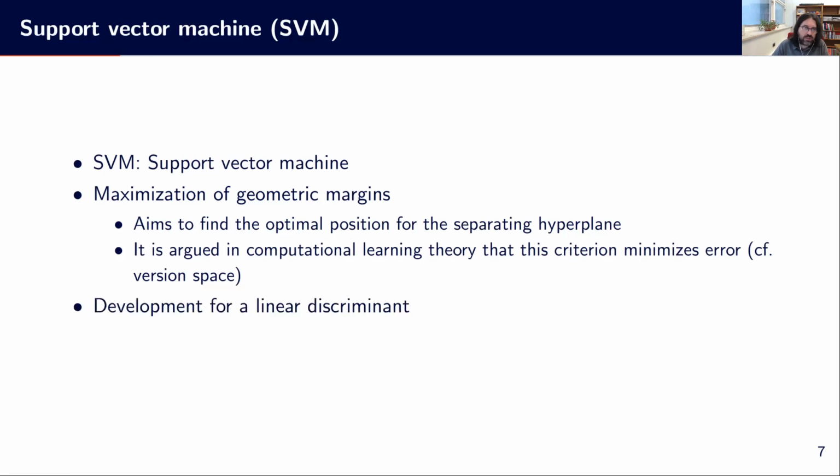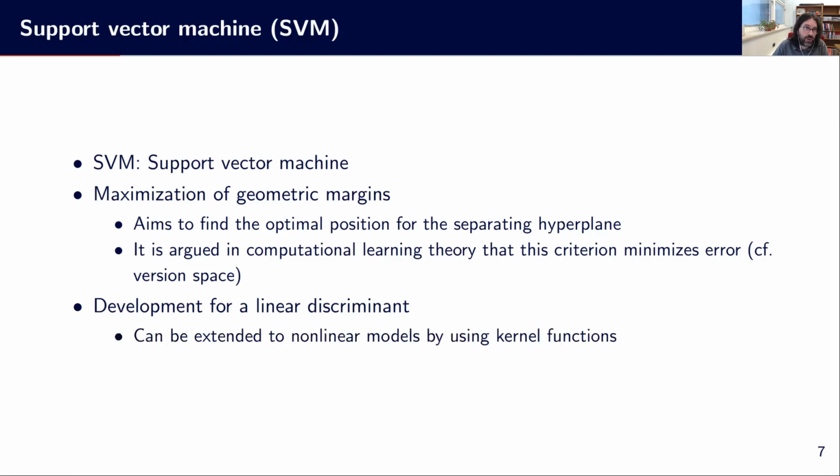And as such, the model is developed for a linear discriminant, and this is the one we will see next. I would say this is the best among what we saw so far with perceptron, with least square regression, and also what we saw last week, logistic regression, which are okay. We are going from better to better, but here I would say the SVM is really a good model for training a linear discriminant.